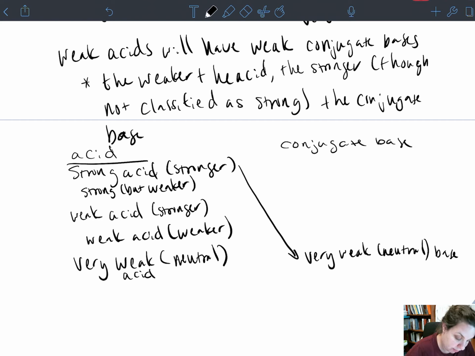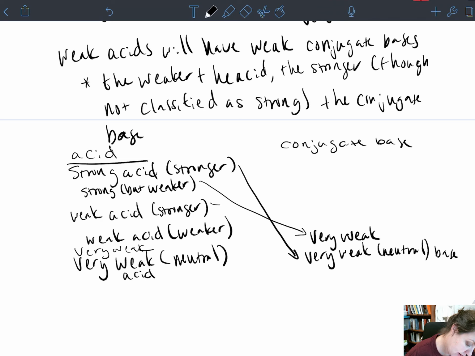A strong but weaker acid will still give a very weak base. And then a weak acid will give a weak base that is weaker.